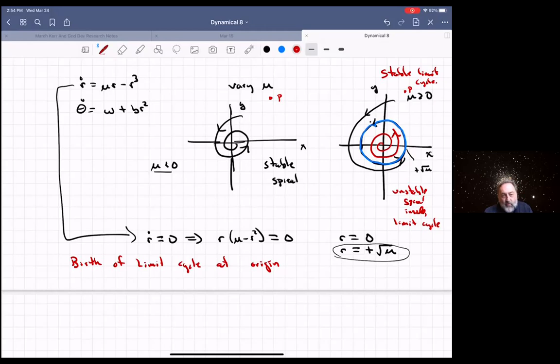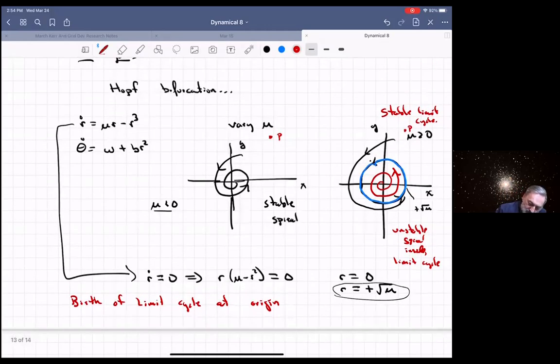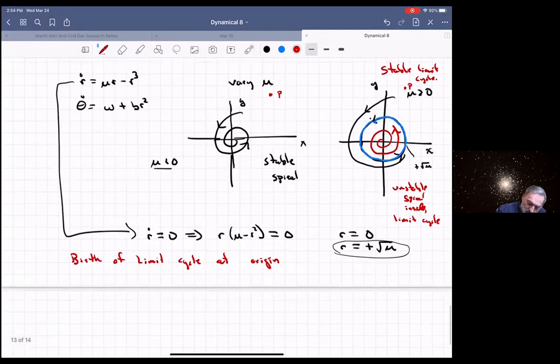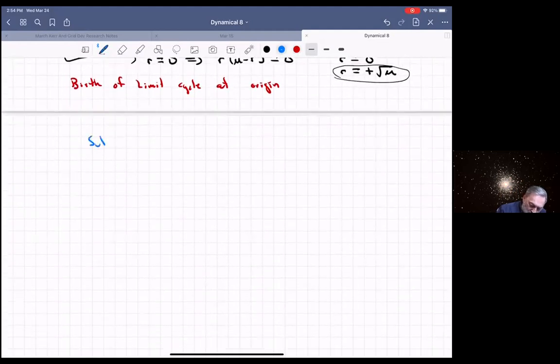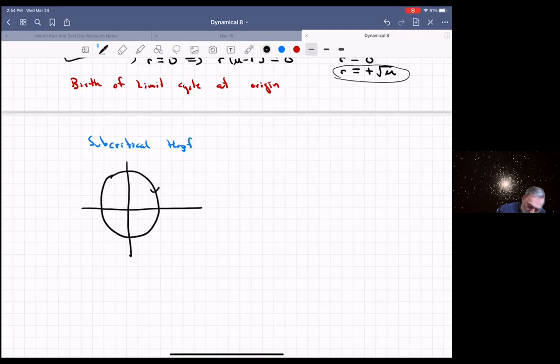There's also a subcritical Hopf bifurcation where you do the other thing. So this particular one here is of the supercritical type. You can do a subcritical Hopf bifurcation. And the best way to think of that is that you had a stable limit cycle. So how do I want to think of this?